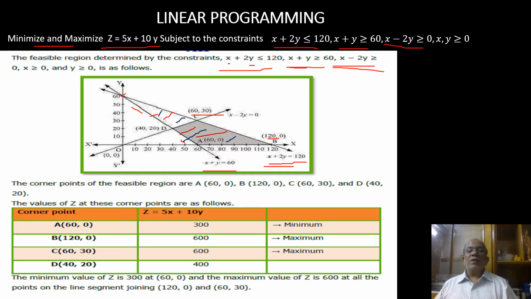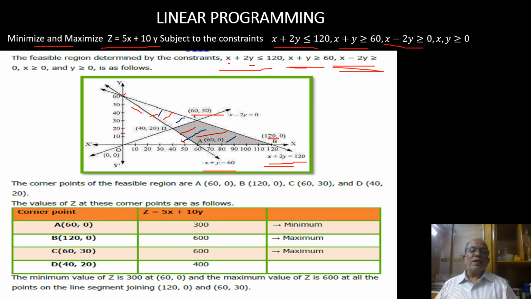Now we'll talk about the third line, that is x minus 2y greater than or equal to 0. So the first question that may come to your mind is whether to take the area on this side or on that side. Which area? It's very simple. Take a point from this side, suppose 0, 20. When we put x equal to 0, y equal to 20, we get minus 40 greater than 0, which is not true.